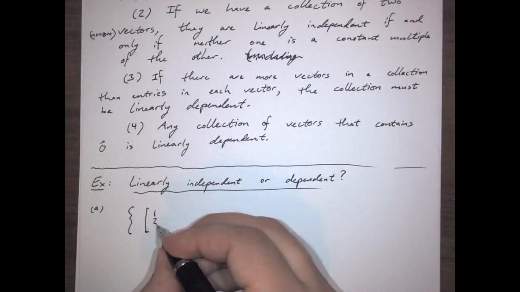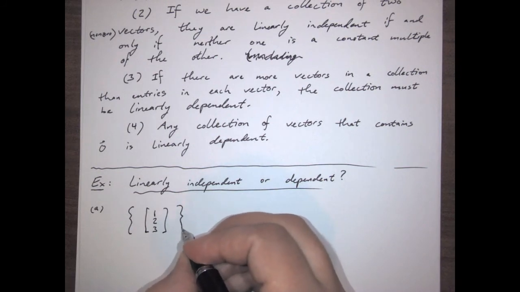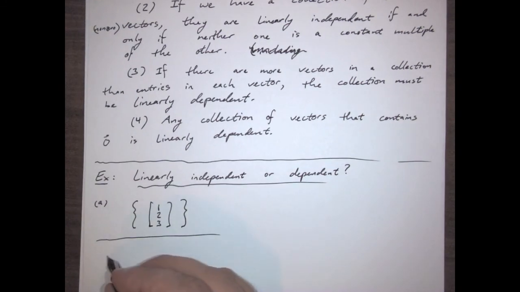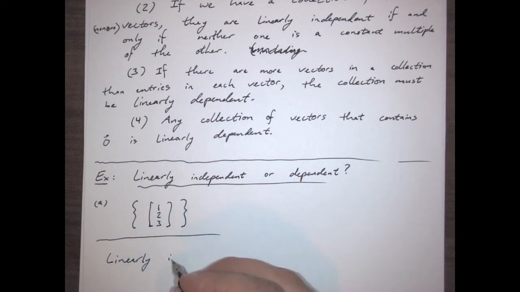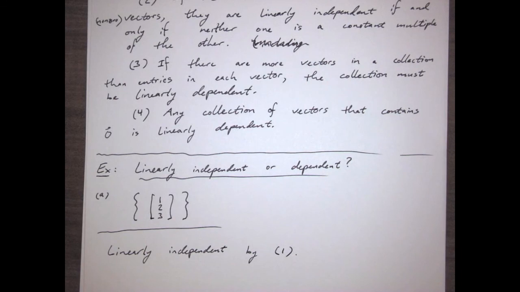Let's say 1, 2, 3. Just a single vector, 1, 2, 3. Well, according to the theorem, if we have a collection that only has one vector in it, and that vector is not the 0 vector, it's linearly independent. That's by part 1 of that theorem.